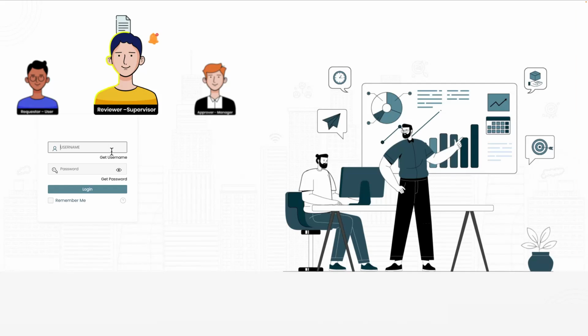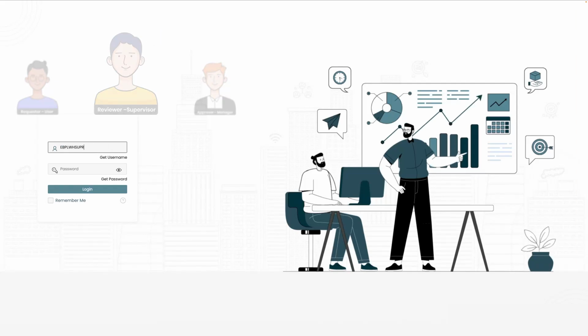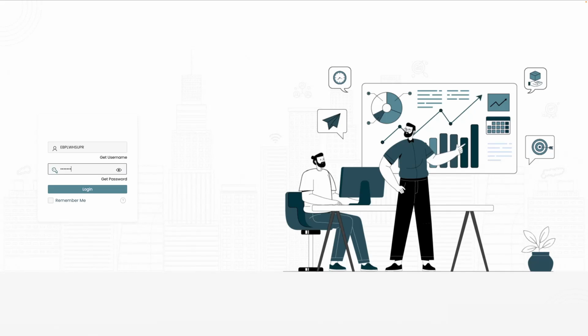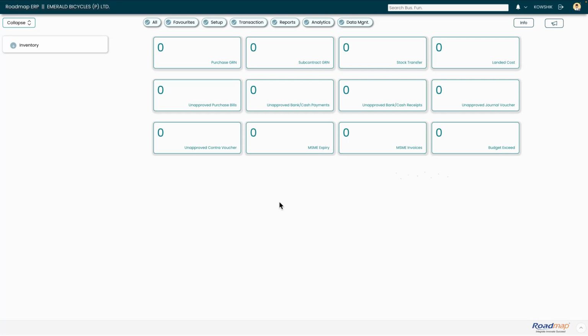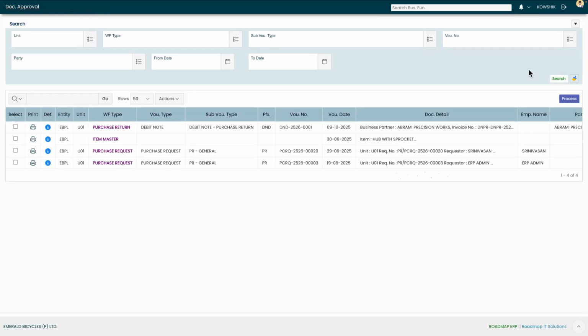Now let's log in as our supervisor. Click on login. So this is the login page of a supervisor. Go to your bell icon and move on to approvals. So the document has been waiting to take the action.